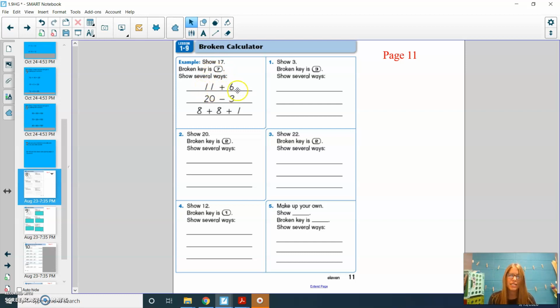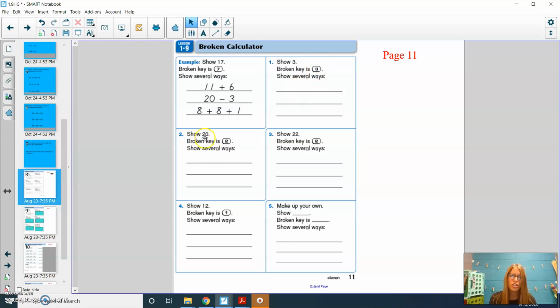I know 11 plus 6 is 17. Then we subtracted. 20 minus 3 could get us to 17. And this way we added 3 numbers. 8 plus 8 is equal to 16, plus 1 more is 17. So again, notice in all 3 of these problems, I did not use the number 7 to get me to 17. So could you try for number 1, getting to 3, but not using the number 3?